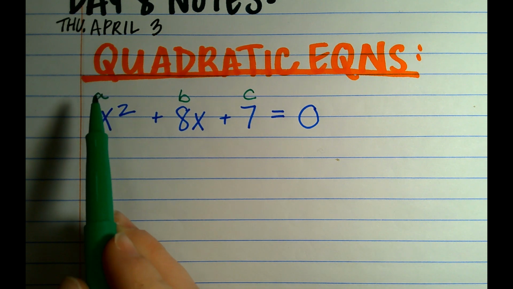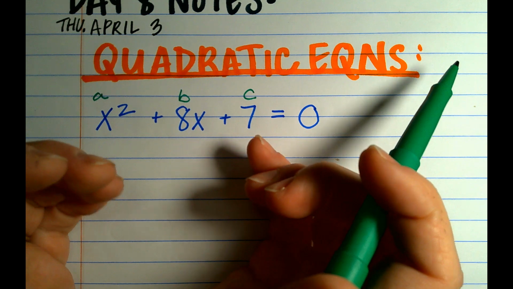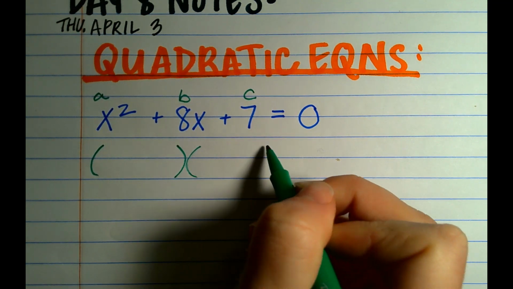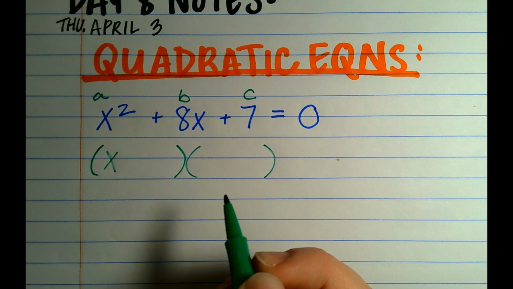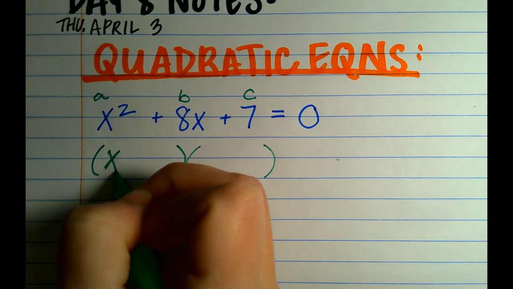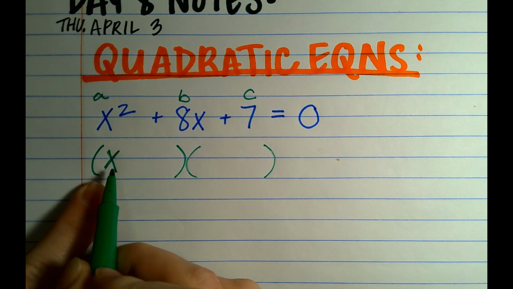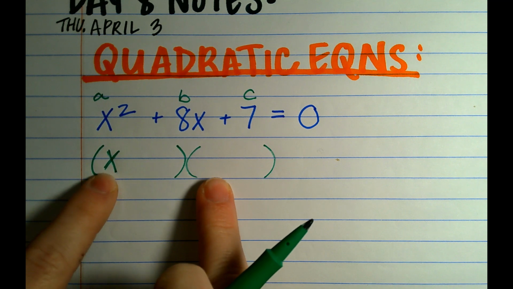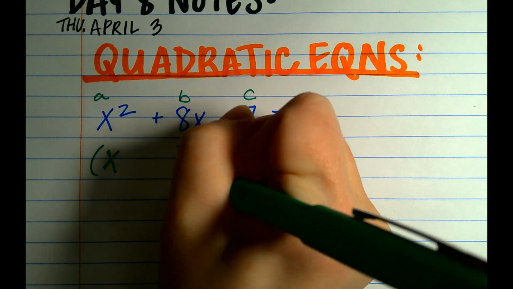Now, whenever my A, my first term, is 1, what will my factor pairs look like? Yep. x. It could be plus 8. We're going to wait just a minute to figure out what the numbers are. I want to think first about what will the first thing be in both of these parentheses. We have an x and x. Beautiful. Okay, so x and x.